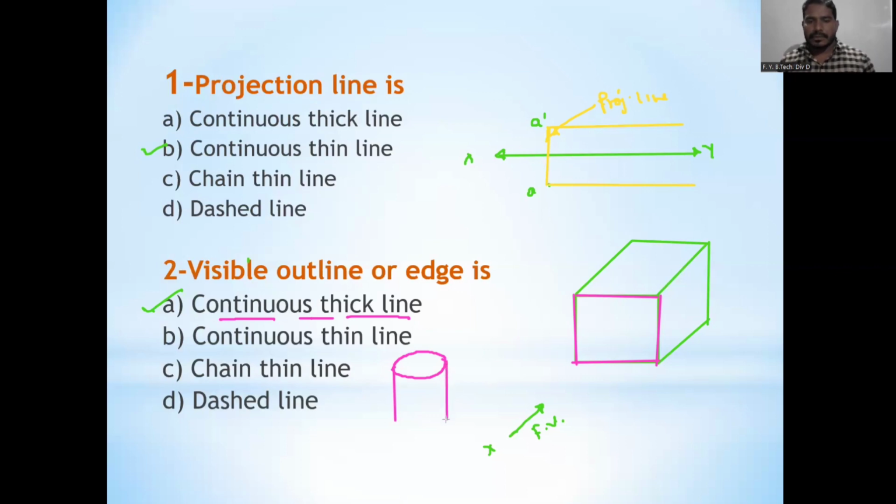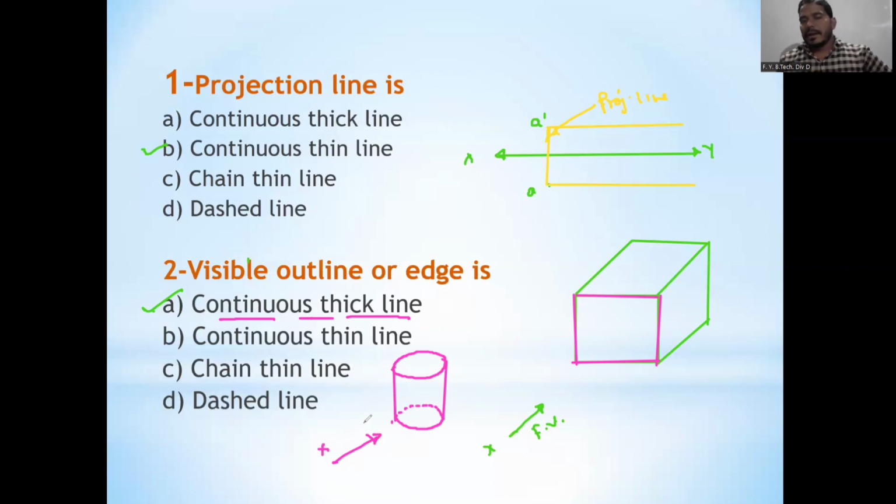Now, while drawing its front view, let's check how it will come. This is the cylinder, and suppose now I have to draw its front view from this direction.